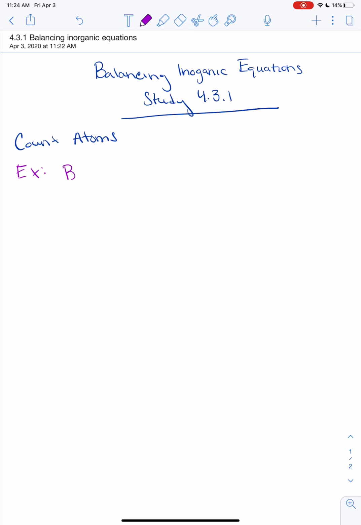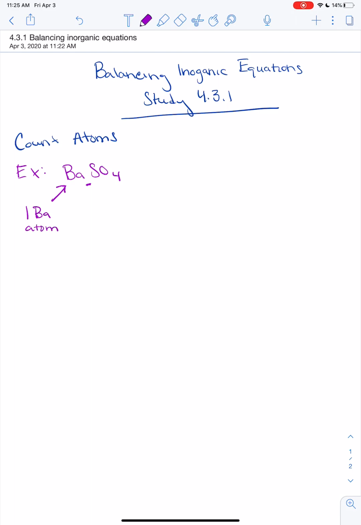Let's say I have BaSO4, barium sulfate. So we use our subscripts to determine how many of each element we have. If we look at barium, there's no number down here, no subscript. And when there's no subscript shown, we assume it's going to be 1. So there's 1 barium atom.